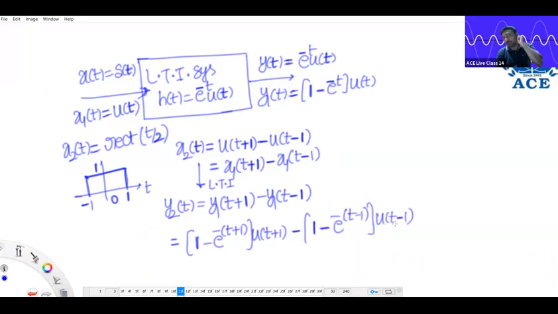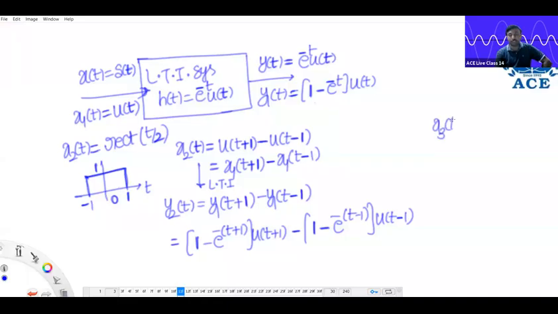Without doing any convolution, we got the answer. I expressed the rectangle in terms of step functions. Yesterday we started: whatever happens to input, the same thing happens to output.